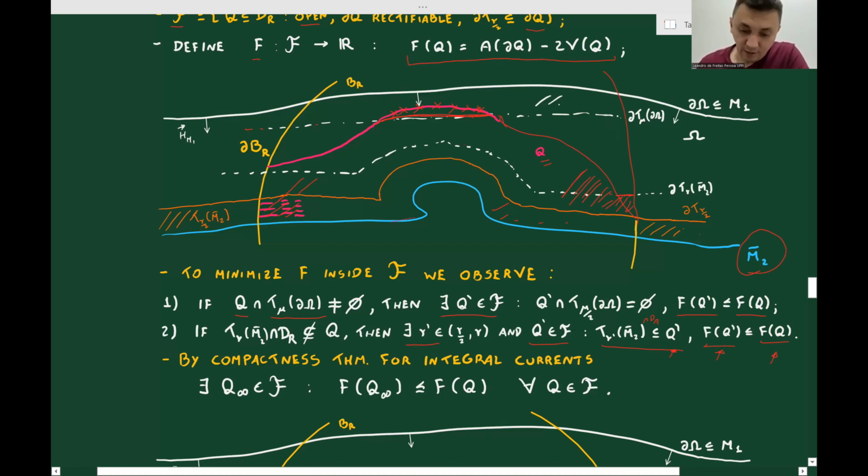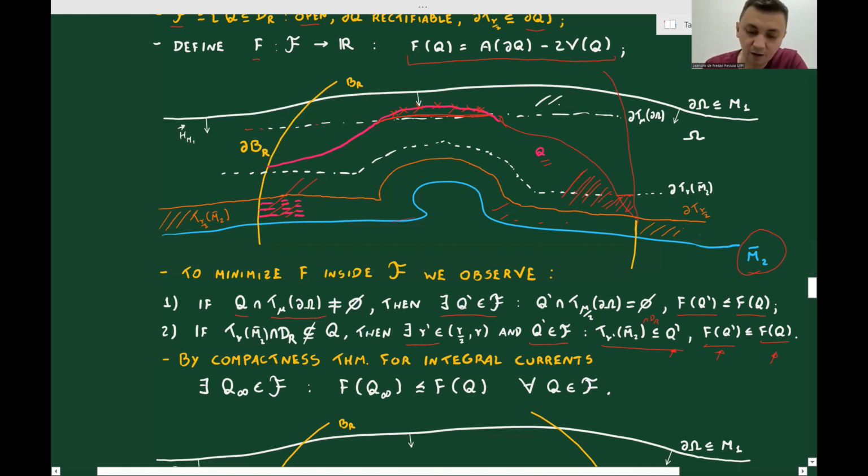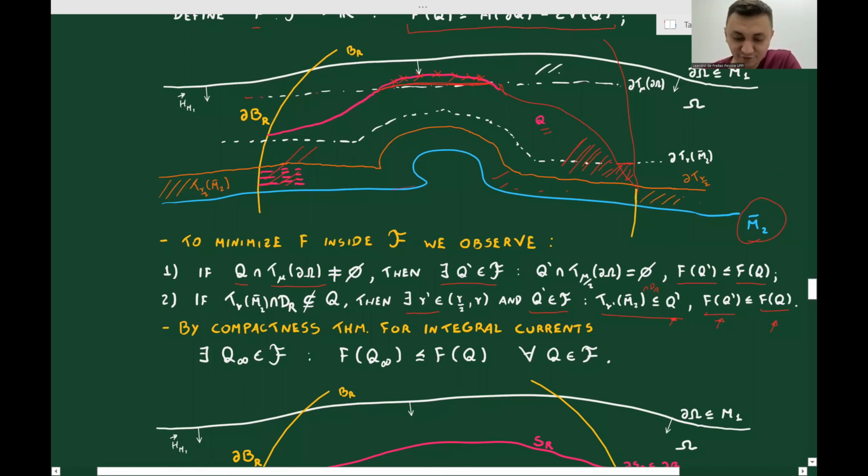Again, what do we need that for? Before, in the first observation, I observed that the boundary inside dr is far away from the boundary of omega. And now this is again to say that the boundary of the subset Q is also far away from some tubular neighborhood of the closure of M2. I'm sorry about the picture.